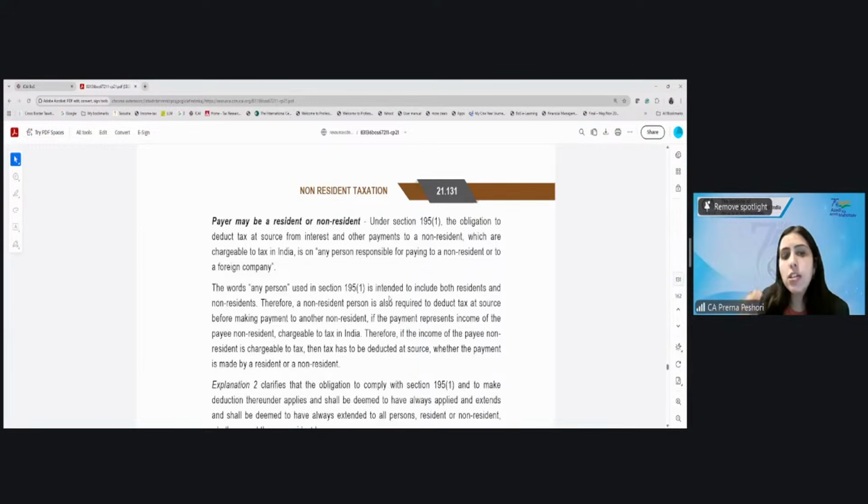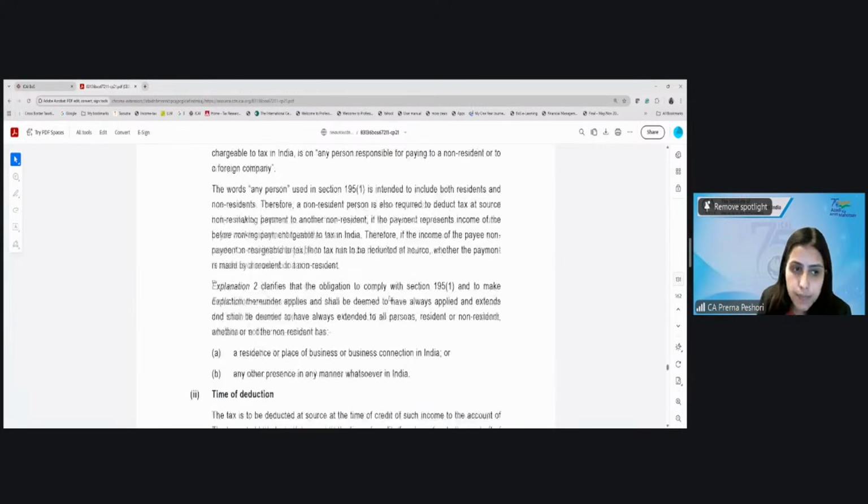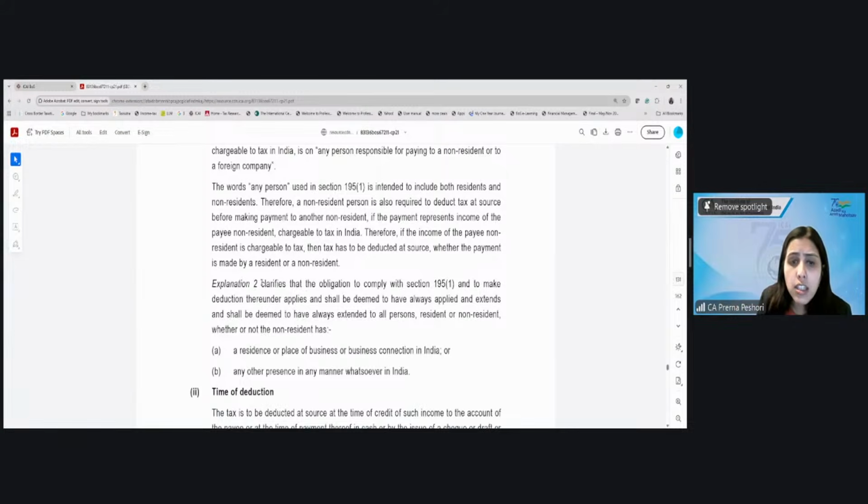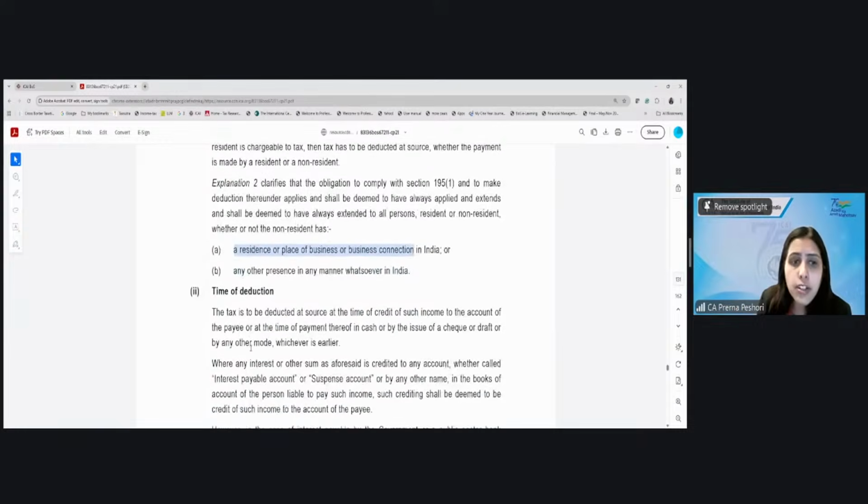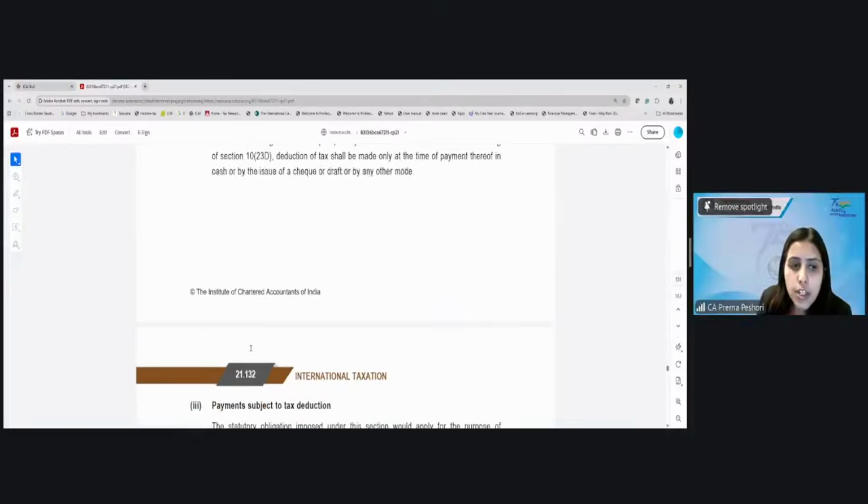In that case, the one foreign company is required to deduct the TDS under 195. Okay, and this is irrespective of whether the non-resident has a residence, place of business or business connection in India or any other presence. The TDS has to be deducted at the time of payment or credit, whichever is earlier.